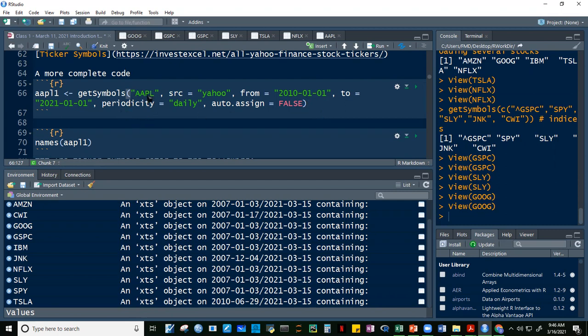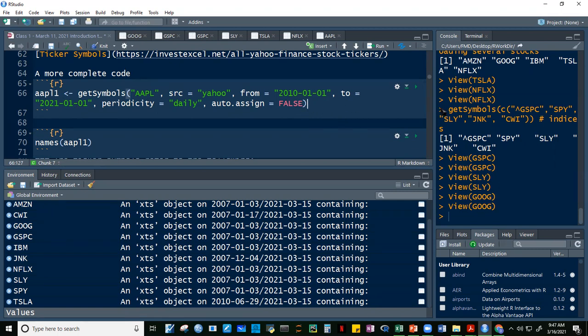Usually kung ano yung ticker symbol. But in this case, binigyan natin siya ng pangalan yung object na to, AAPL1. So auto.assign is equal to false. Also, kailangan natin yung auto.assign to be equal to false para magamit natin yung head at saka yung tail na function.